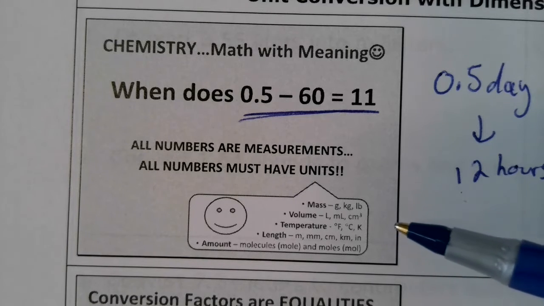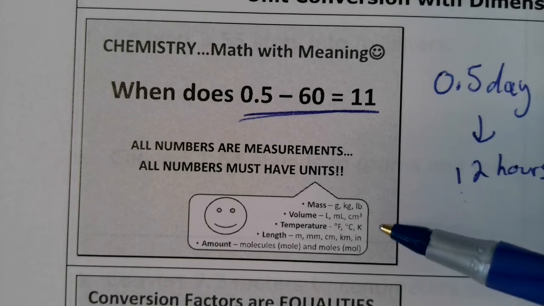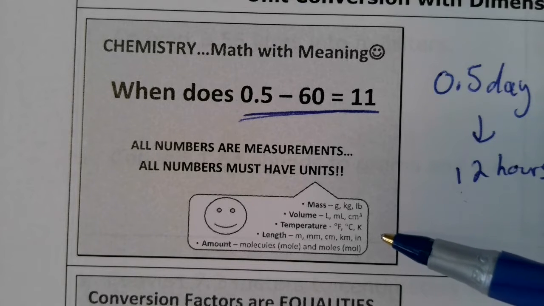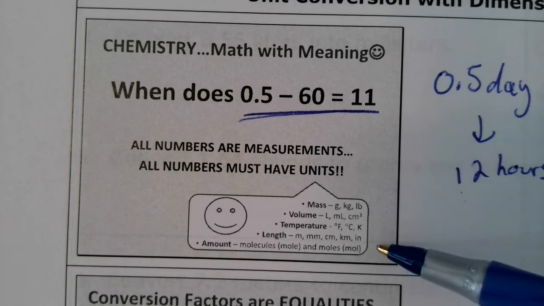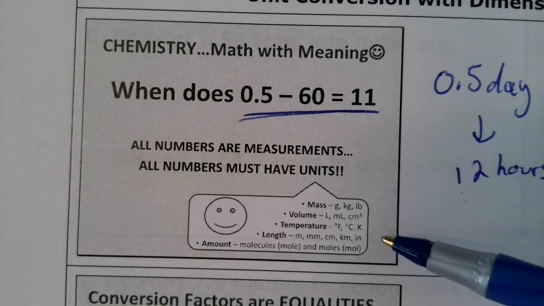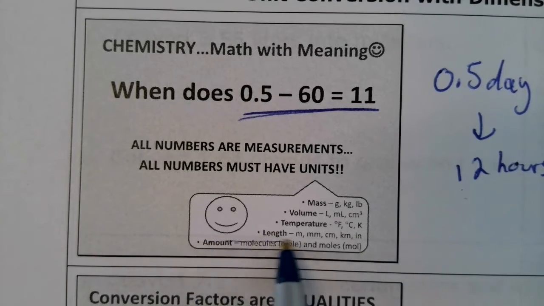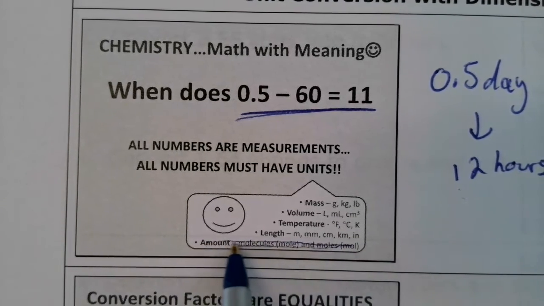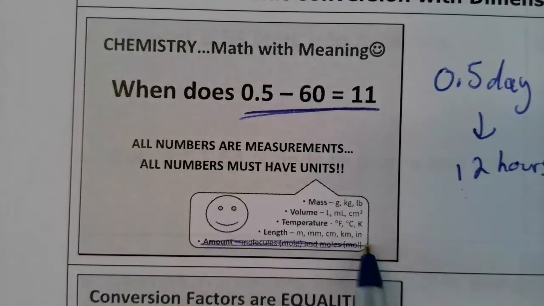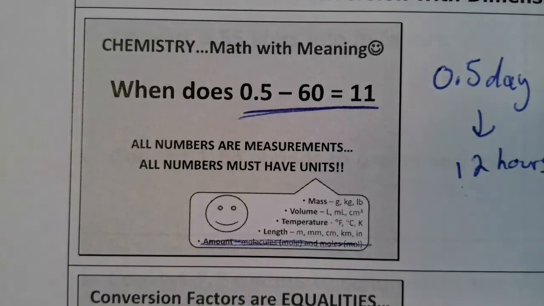With this being physical science, we are really just looking at Fahrenheit and Celsius. And then length, of course, we know is inches, kilometers, centimeters, and millimeters. We're not really too worried about the amount. That's something that we look more at in chemistry.